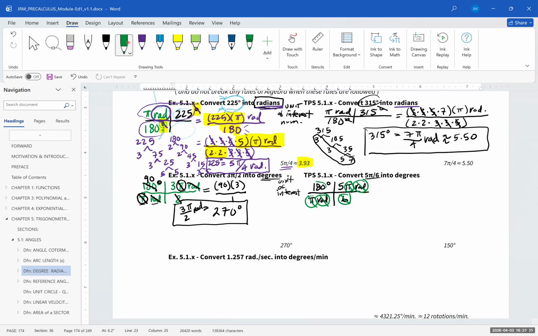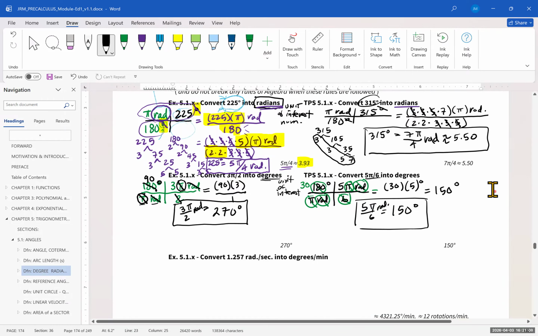We'll go into 180 30 times. So what we're going to have is 30 times 5. Comes out to 150. Oops, should have put degrees in there. All right, so 5 pi over 6 is equal to 150 degrees. Oh, radians. Got to put my units in there.